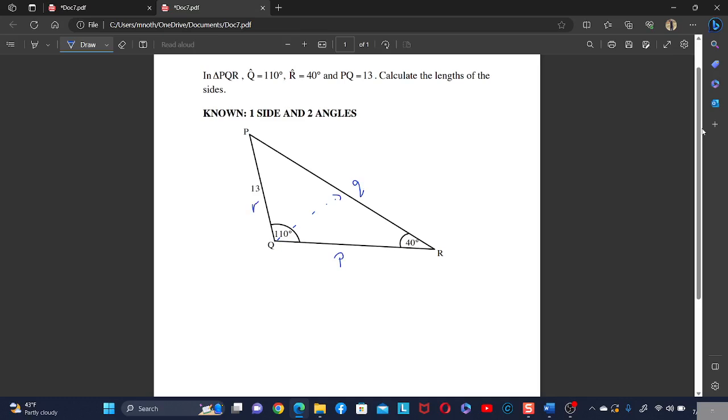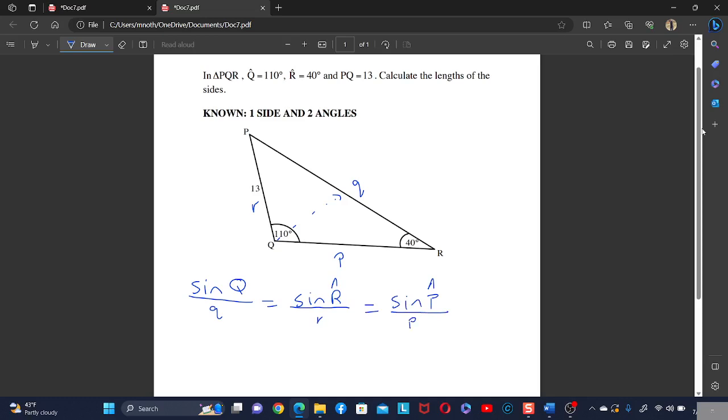For the sine rule, we can say that sine angle Q all over side Q is equal to sine angle R all over side R is equal to sine angle P all over side P.